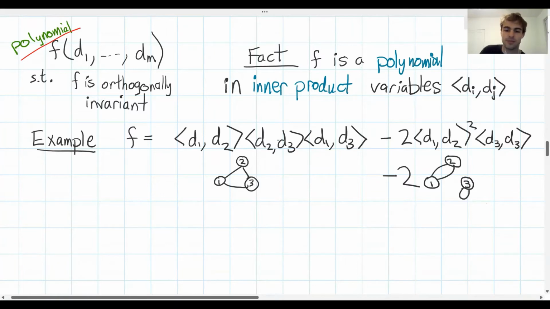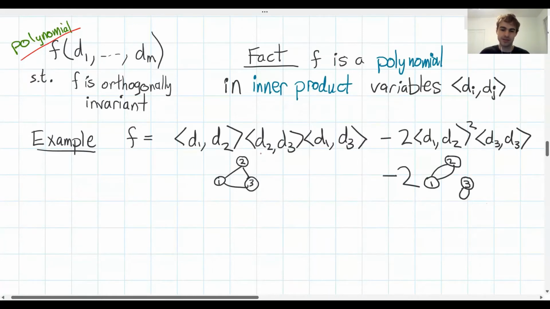Here's an example of a function f that you might be considering. For example, f is the inner product of d1, d2 times d2, d3 times d1, d3 minus 2 times d1, d2 squared, d3, d3. As you can see, each of the terms in the expansion of f corresponds with a graph on the vertex set 1 through m.